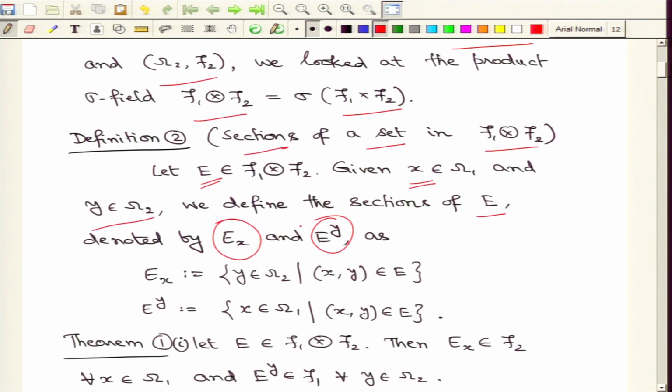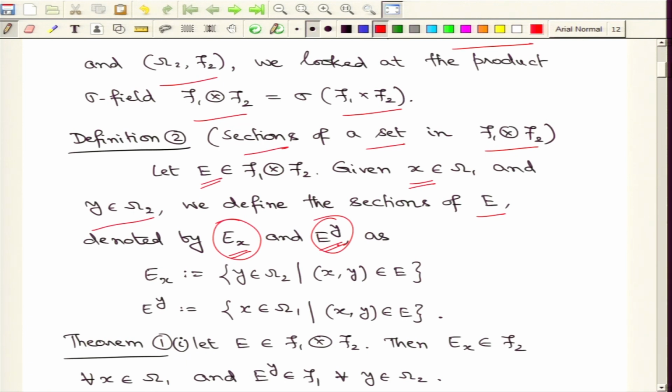For the notation that we are following from the first lecture, choosing points from the first set and doing some construction with that, we will always denote by the subscript. Choosing points from the second set and doing certain construction with that, we are going to use the superscript notation. So, let us look at the type of sets that we are going to consider.